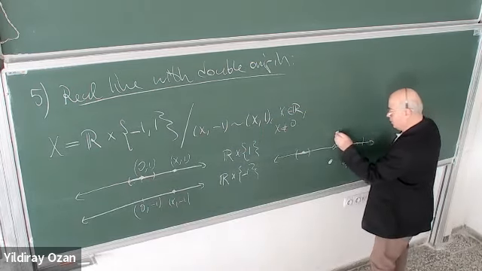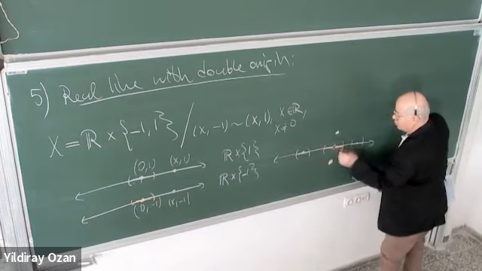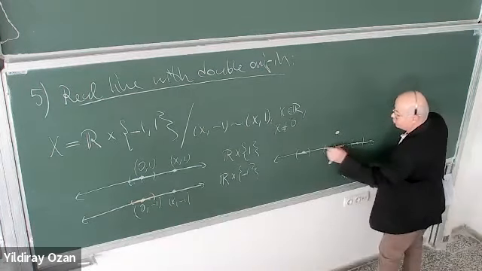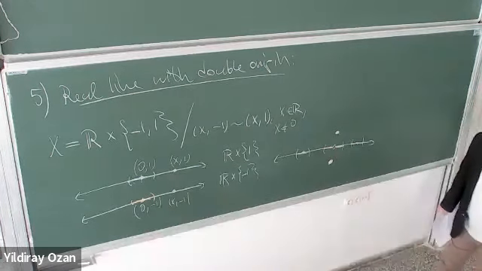A neighborhood of this point is something like this, and a neighborhood of that is this. So it is this point plus two intervals like this, okay?